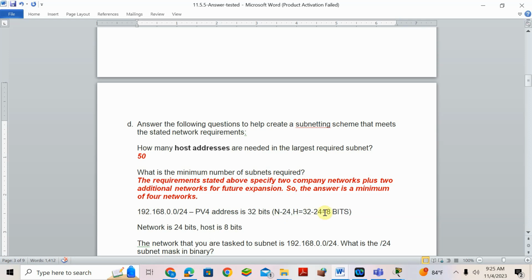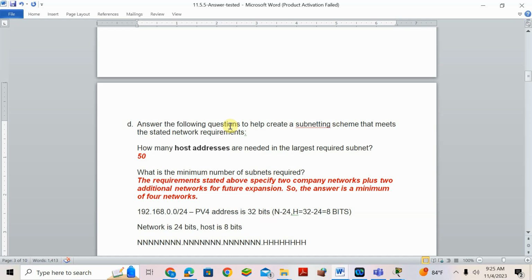Now I will show you. 1 2 3 4 5 6 7 8, one octet, then again 1 2 3 4 5 6 7 8, 16 bits. Now 24 bits is network. Host is 8 bits.